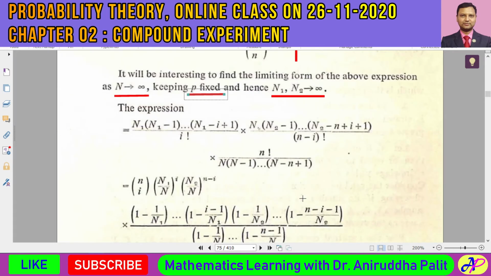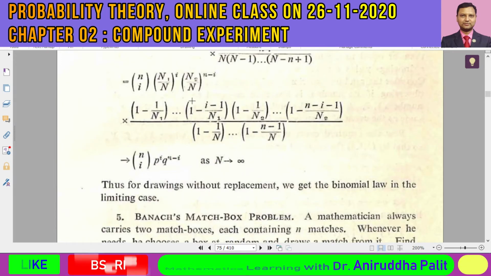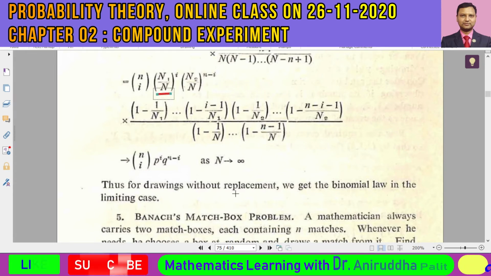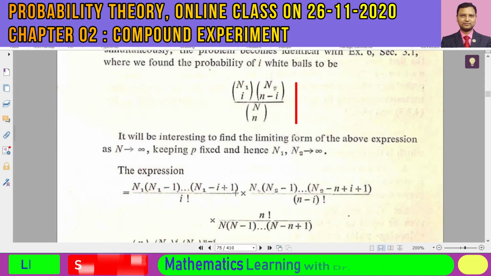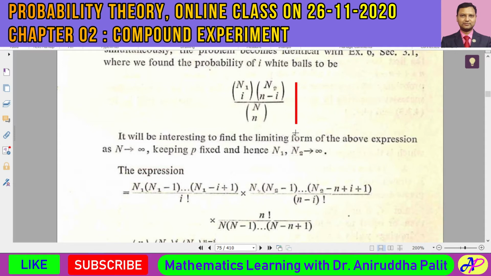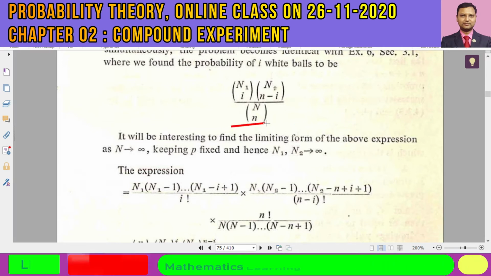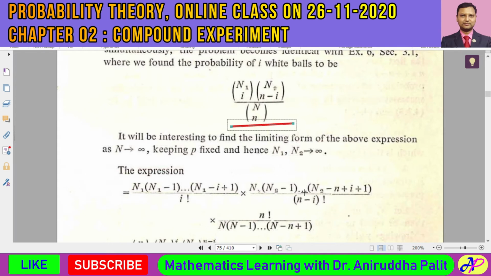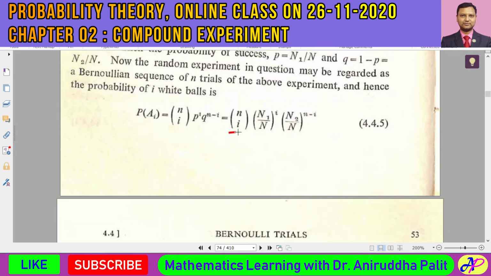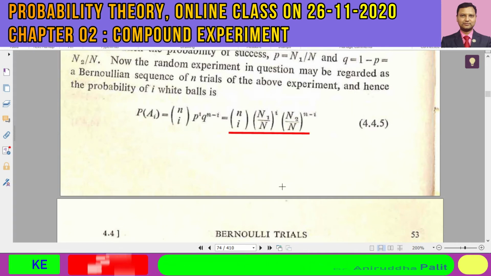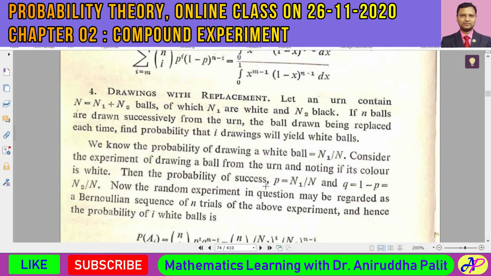P is taken as equal to n1 by n. Then we can show that this probability ultimately converges to the formula for the probability of drawing I white balls with replacement.